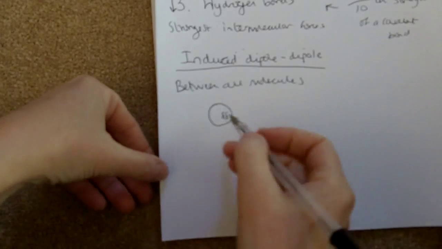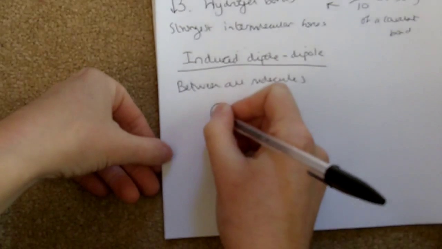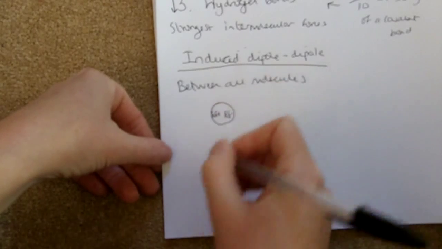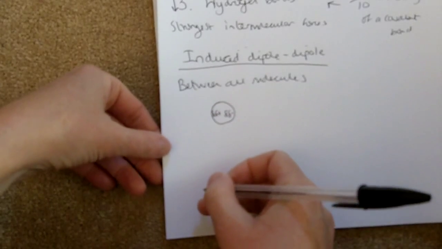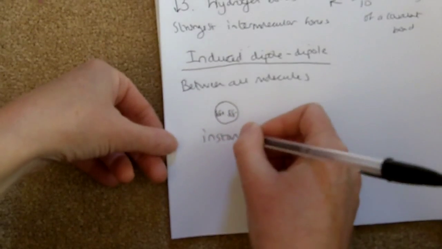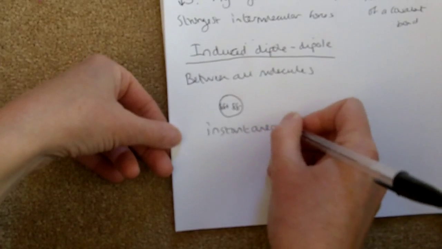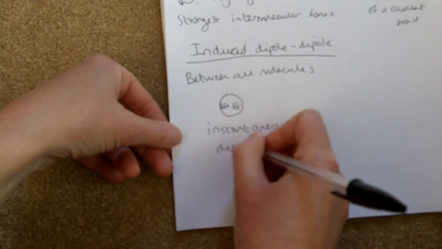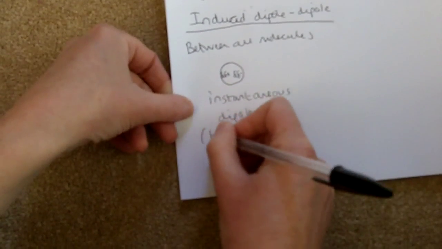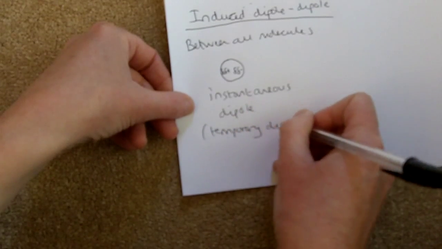And it generates a temporary dipole. So it'll be slightly negative, whereas the other side will be slightly positive. So we call it an instantaneous dipole. Be careful with your spelling here. Instantaneous dipole, or temporary dipole.